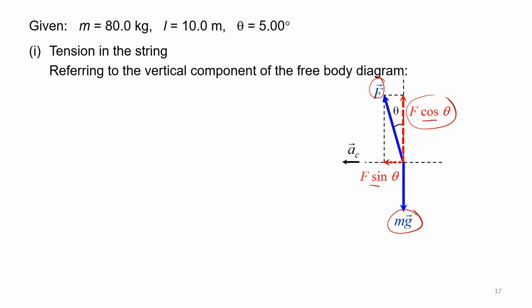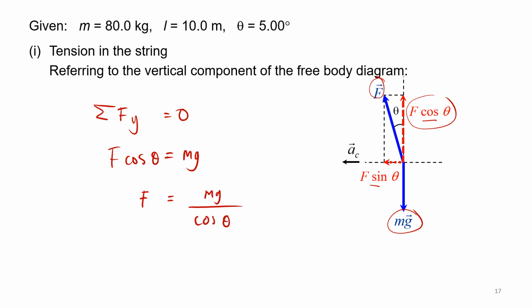Since the object is not moving in the vertical component, we can write summation of force in y component is equal to 0. Thus, we have F cos theta is equal to mg. Since we are going to determine F, let F be the subject of the equation. So F is equal to mg divided by cos theta.